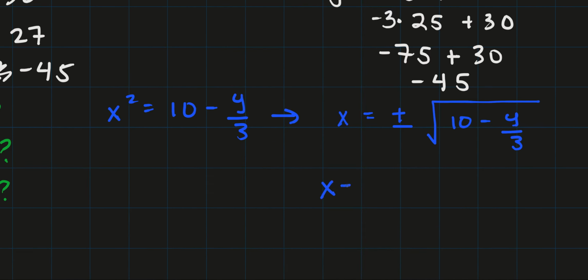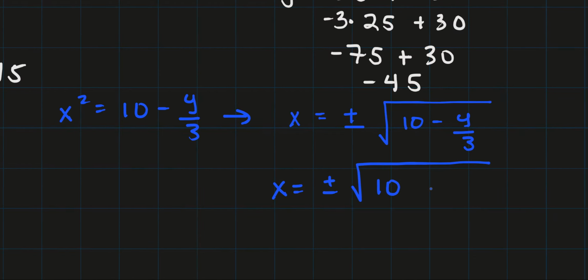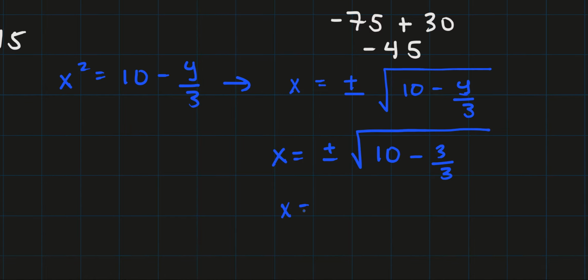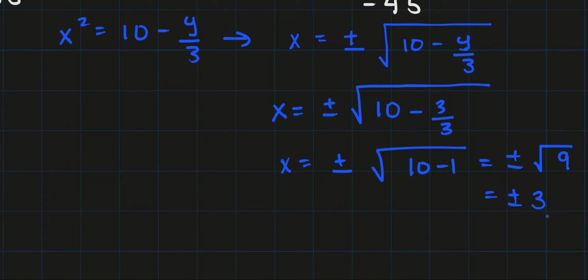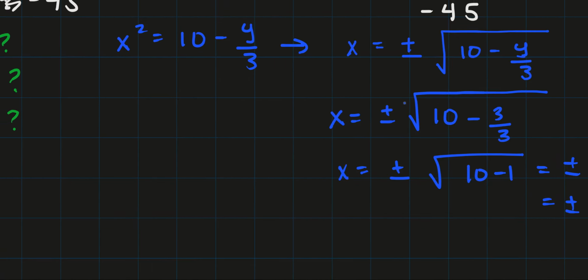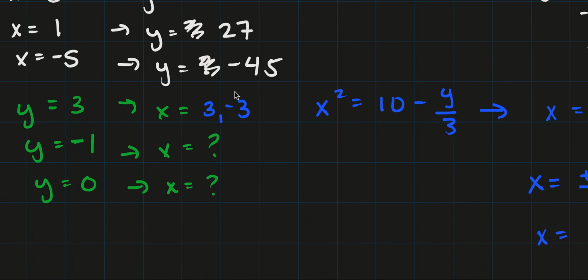So x is equal to plus or minus square root 10 minus, here's the y, 3 over 3. So x is equal to plus or minus the square root of 10 minus 1, which is plus or minus square root 9, which is plus or minus 3. So we're going to get 2 values. We're going to get either 3 or -3. So that's what I'm going to put here, 3 and a -3.